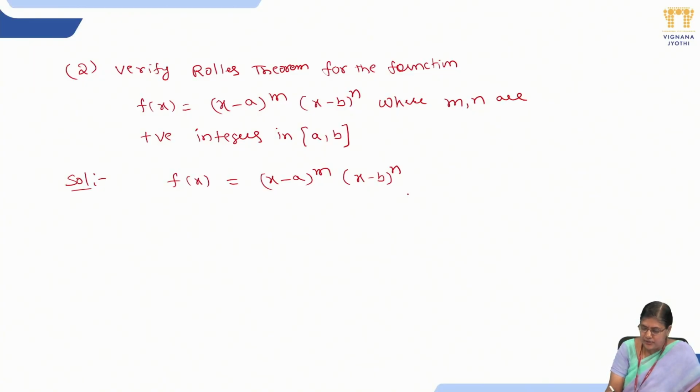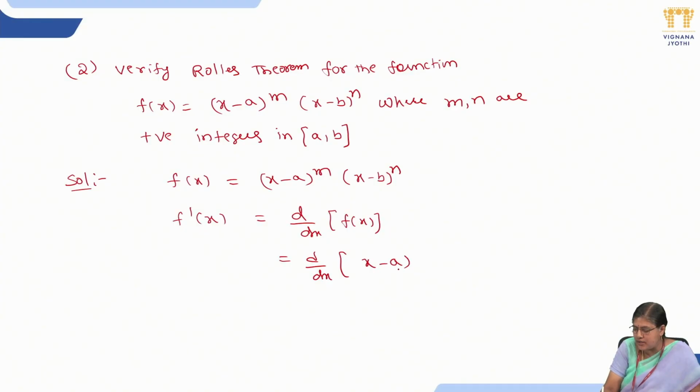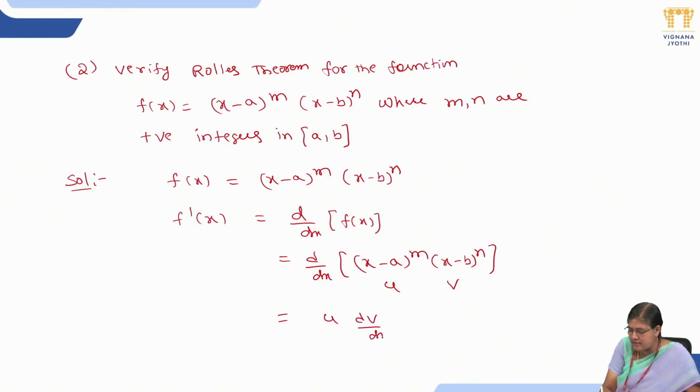So here when we are differentiating this function, we have f dash x is nothing but d by dx of f of x, that is equal to d by dx of x minus a whole power m into x minus b whole power n. For calculating the derivative of the function, we have to apply the d by dx of uv formula. d by dx of uv is equal to u into dv by dx plus v into du by dx.